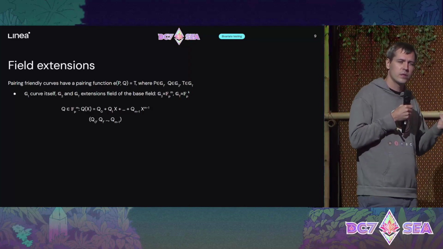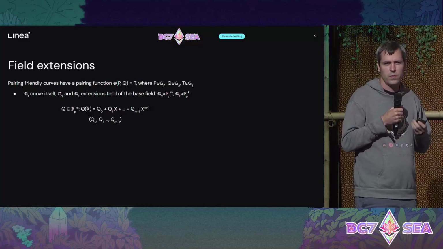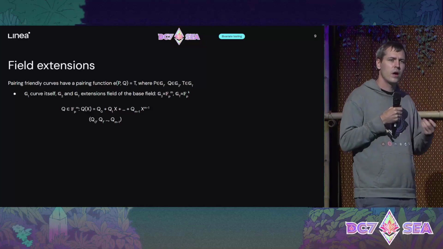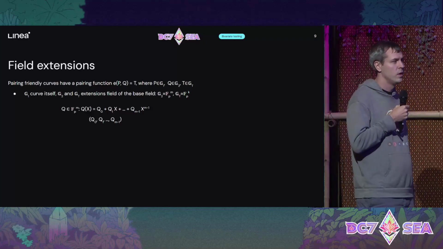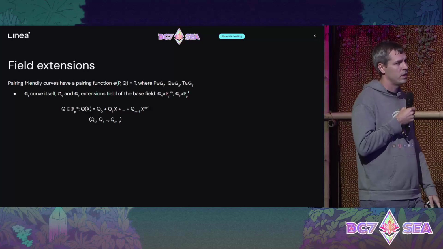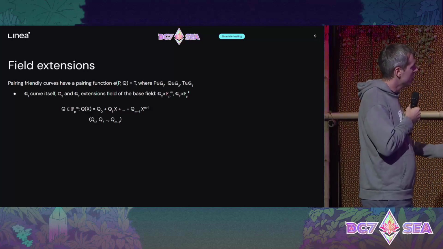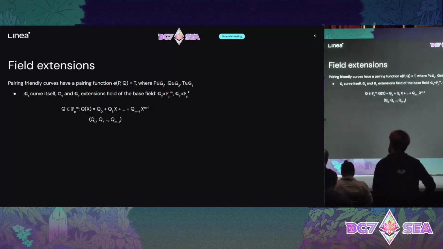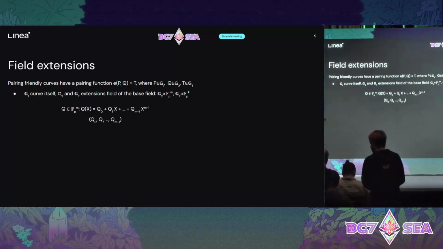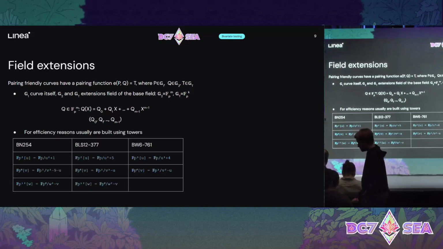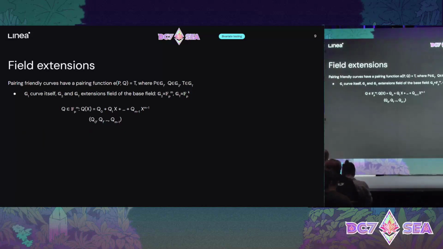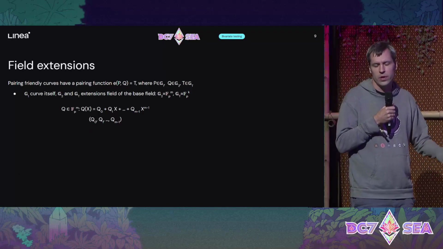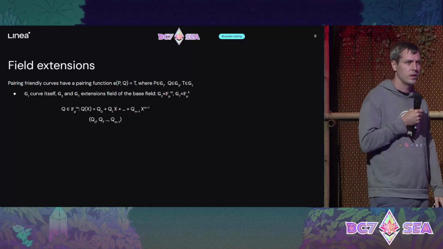We also have some fixed modulus, which is some irreducible modulus, which defines how we can reduce values when they are bigger than the modulus. It's a bit simpler to look at the extension field elements as vectors, and then the multiplication inside the extension field is exactly as for the multi-precision integers, and we just do the modular reduction using the given modulus.